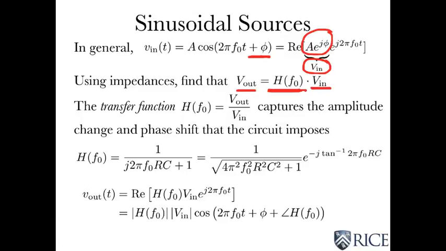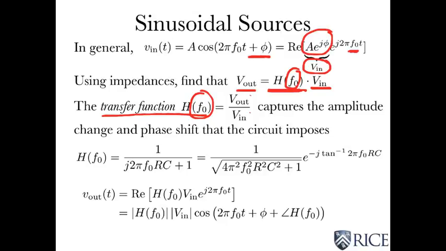This something it does is called a transfer function. And if you look back over what we've done, it always depends on frequency. So that's why I had to put the frequency of the source, f naught. And I'm just going to define that to be V out over V in. In general, it's the ratio of the complex amplitude of the output divided by the complex amplitude of the source.